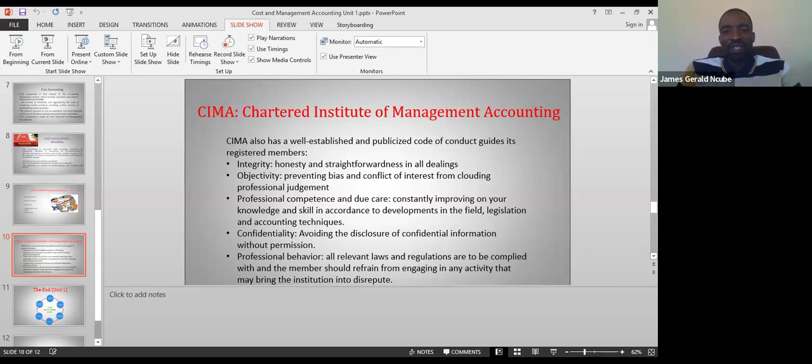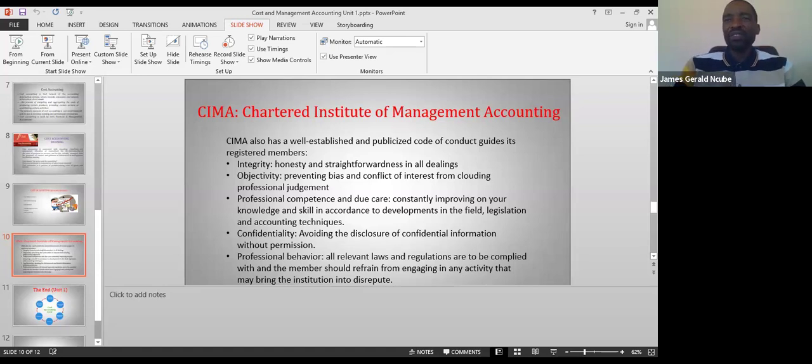And here are some of the codes of conduct which management accountants are expected to abide by. Integrity, that's the first one. Integrity is very critical as far as management accounting is concerned. Integrity, we're talking about honesty and straightforwardness in all dealings.